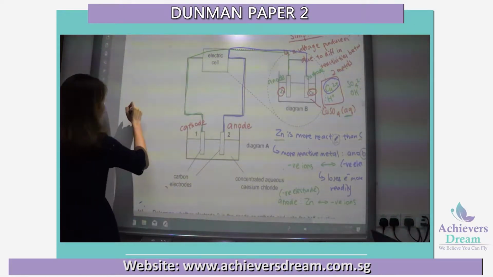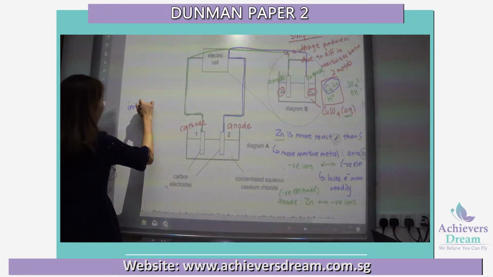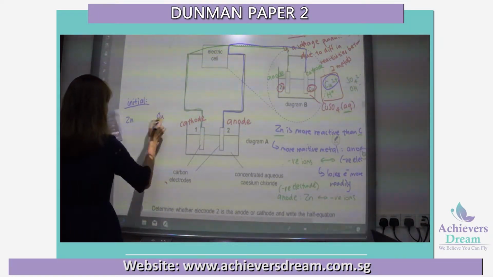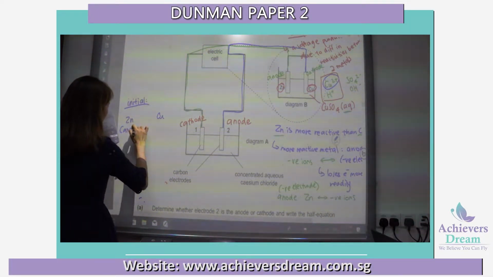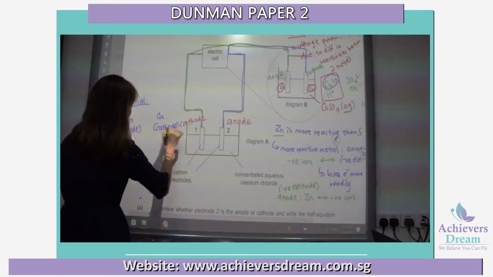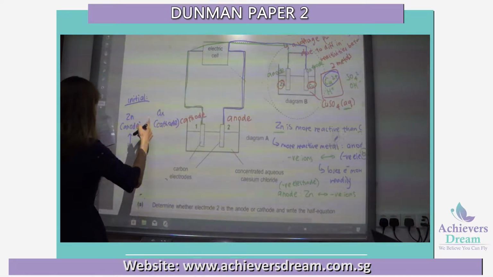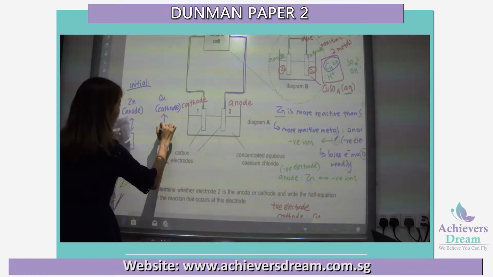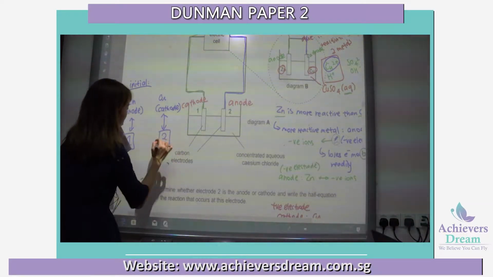Okay, so initially, in this setup, zinc is linked to electrode 1, correct? Whereas copper is linked to electrode 2.